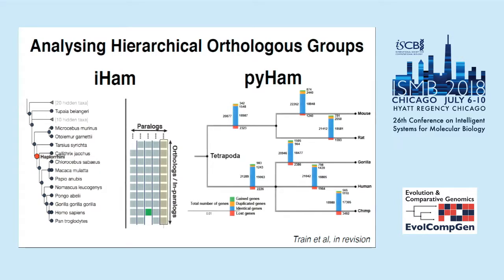There's also a Python library to, for instance, collect all of the species, the duplication and loss events along the tree, and build this type of summaries that we've come to appreciate, but which are quite tedious to do if you don't have the tools for it. That's in revision, and the code is available.